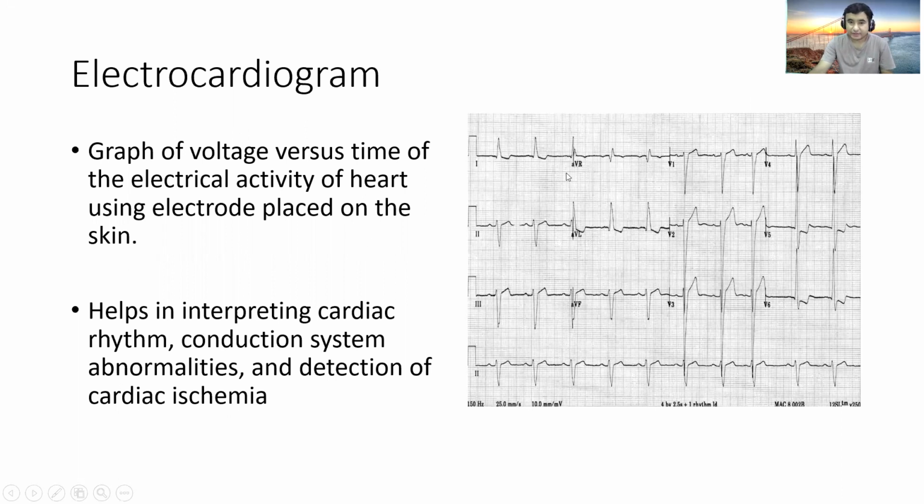In this graph, the y-axis is the voltage and the x-axis is the time. This graph depicts the electrical activity of the heart, which can be detected by placing different electrodes over the precordium and the limbs.